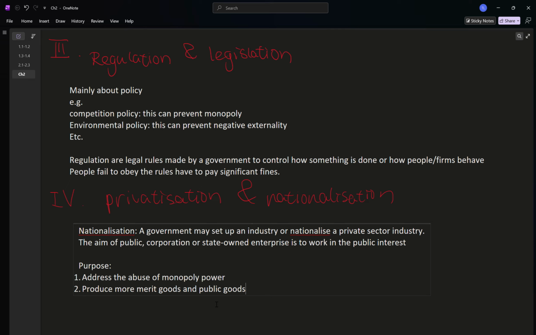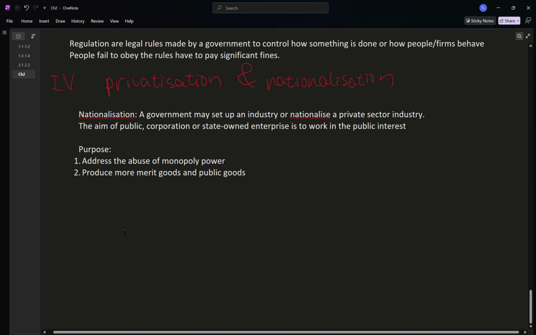I will say privatization is the opposite. But what's the opposite? What's the purpose of privatization? We don't really care about the definition right now, but we are curious about the purposes of privatization.